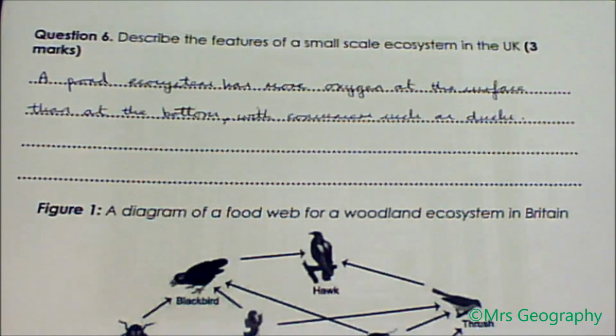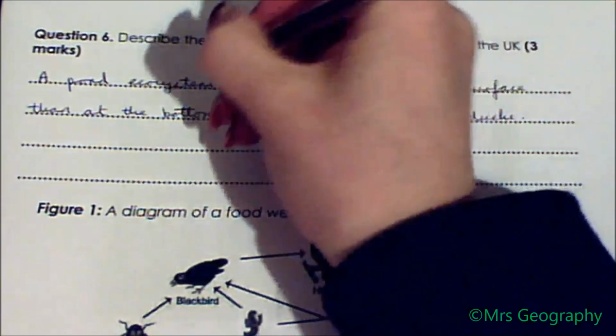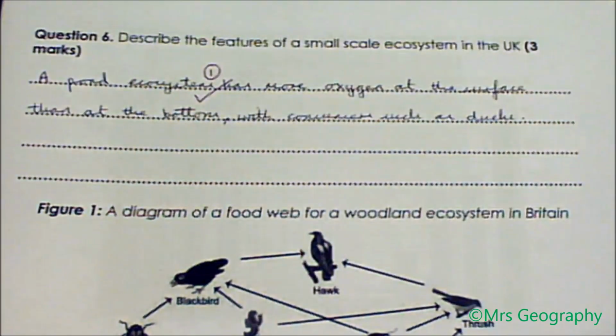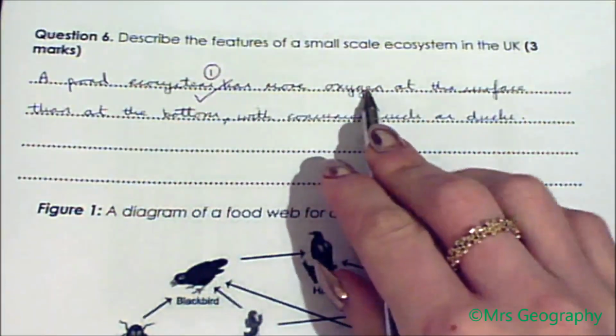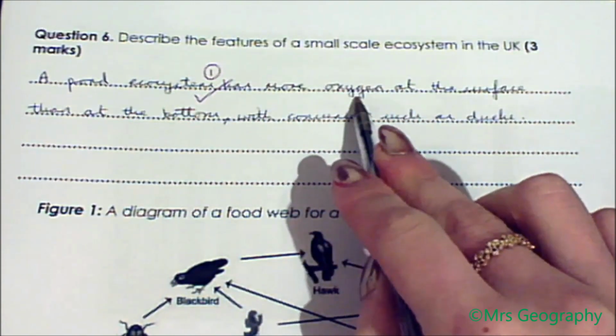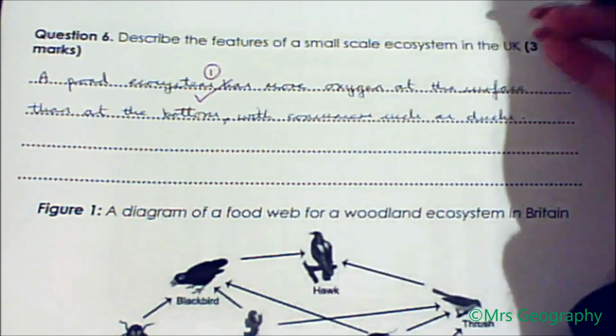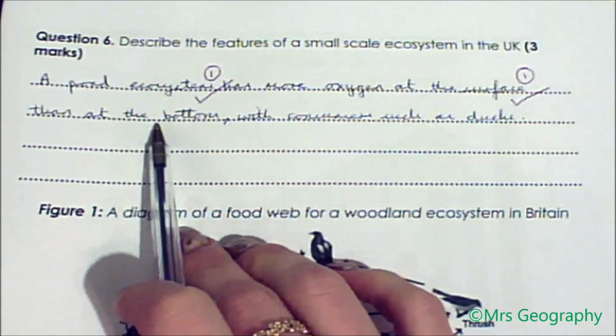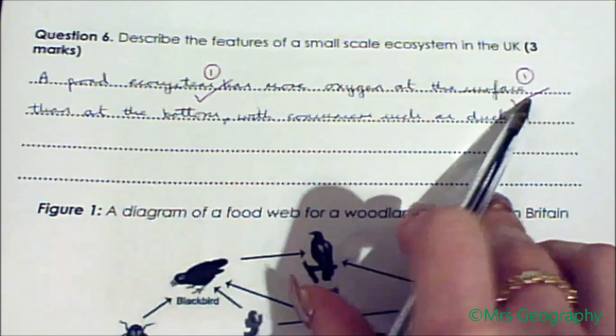So if we look at this answer, a pond ecosystem, they have named an ecosystem, so that gets them 1 mark. It has more oxygen, so they're mentioning some type of feature. So the oxygen is a feature, and they've mentioned it's at the surface, so that would be another mark. Then at the bottom, so that kind of goes with that, so that's that 2nd mark.